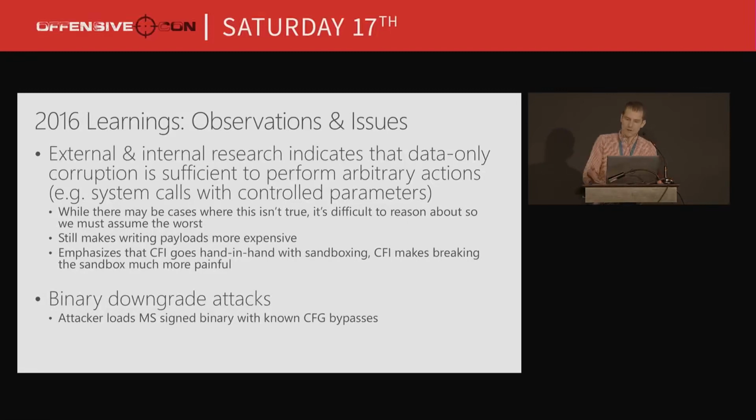If someone writes that binary to disk, which we assume they can do, because as I just said, we assume that process can do any functionality that it has permission to do, and Edge certainly has permission to write files to the temp folder, then we assume an attacker can drop an old version of a binary that is still signed by us to disk and load it. So we realized we really need some way of better controlling what binaries are being loaded. We can't just say you need to be Microsoft signed.